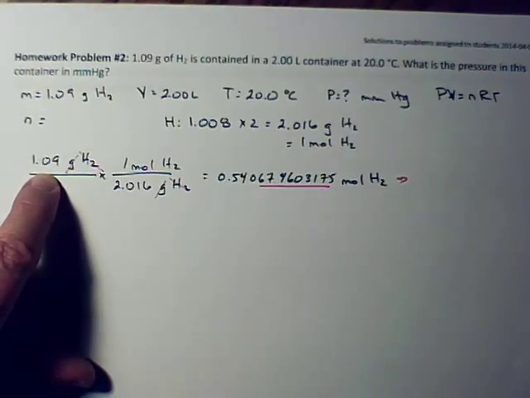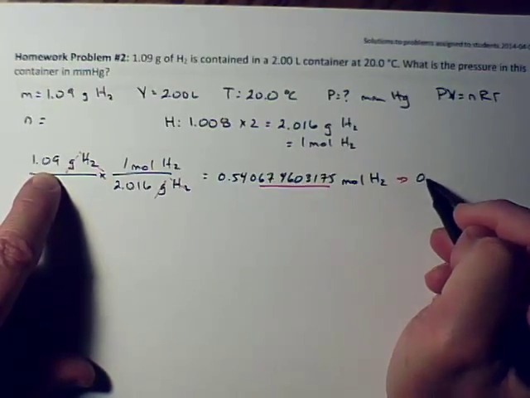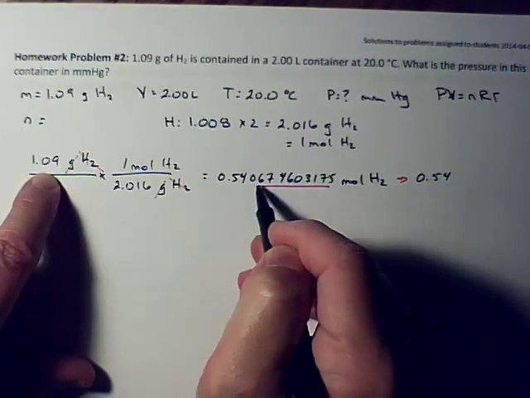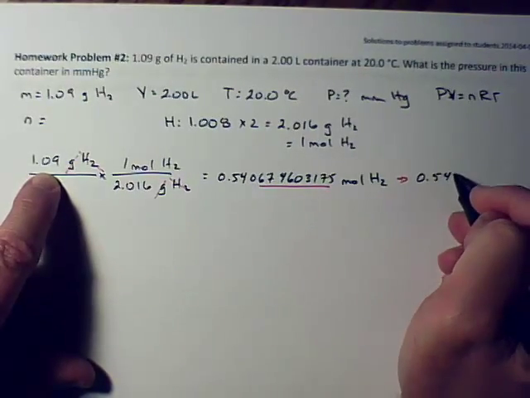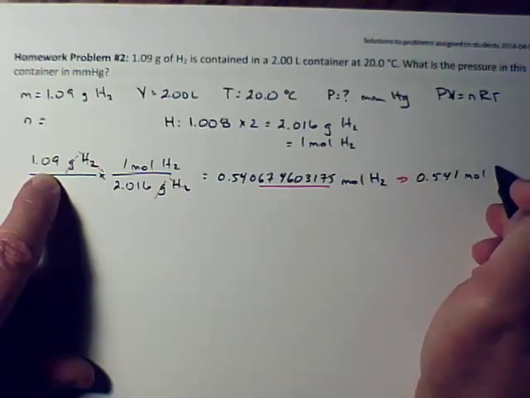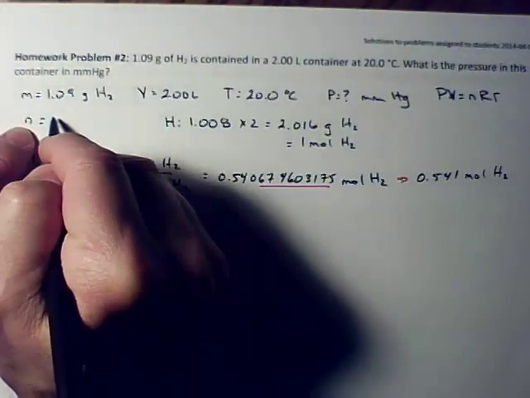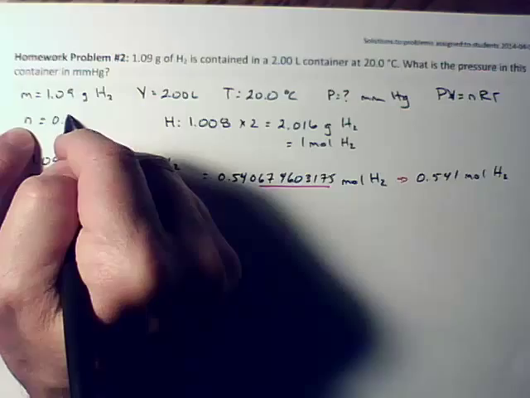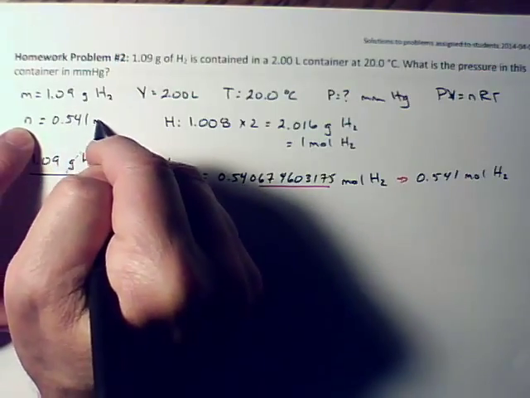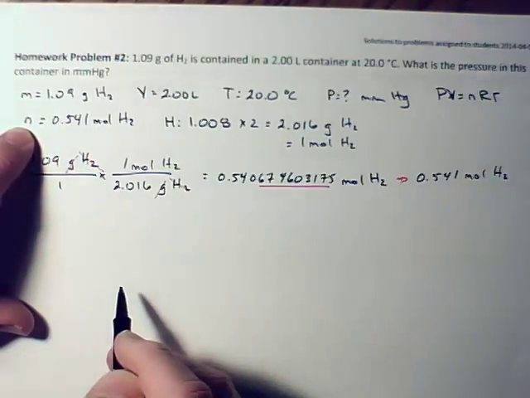Round that off. 0.54. This 6 makes a 0 round up to a 1. 0.541 moles of H2. Okay?